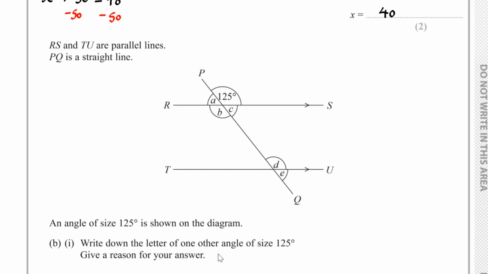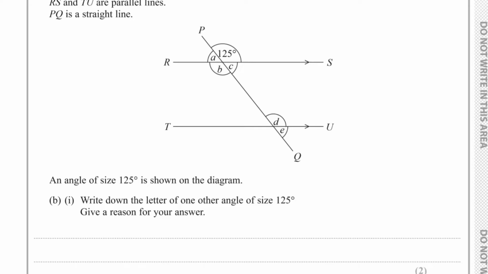We have to write down the letter of one other angle of size 125. Give a reason for your answer. Well, you can hopefully see over here we have corresponding angles, so this angle is equal to this angle. So therefore, we see we have the angle D, which is equal to 125, because we have corresponding angles.